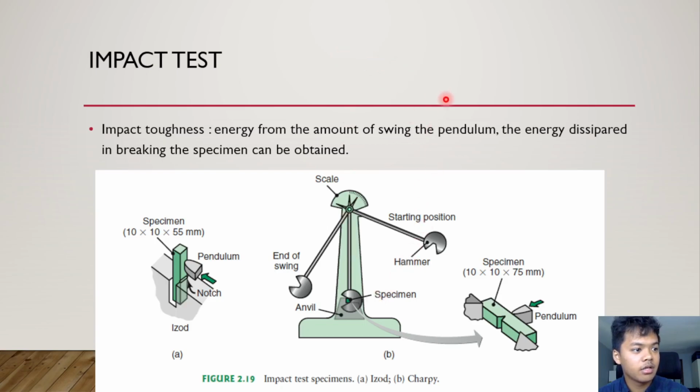As the pendulum travels down, it hits the specimen, and as it does, it loses energy, so it doesn't go back up to its original height. So we measure the value by looking for the difference in potential energy from this height, big H, and from this height, small h.